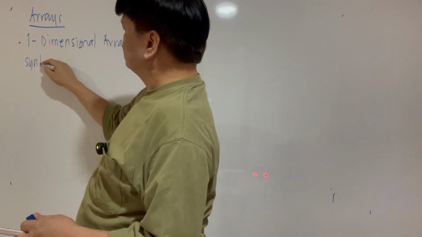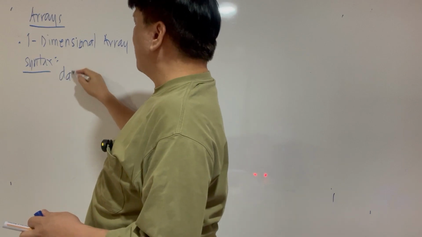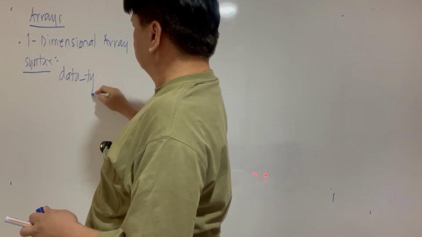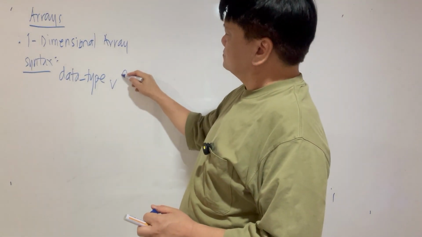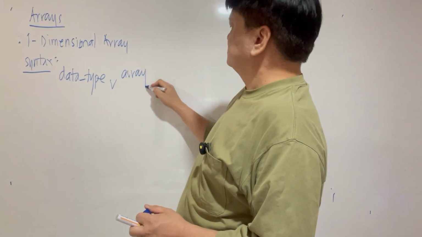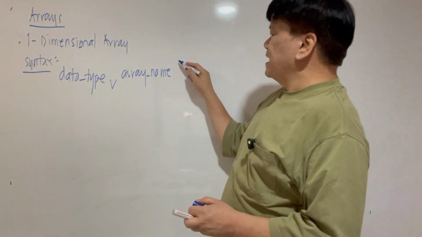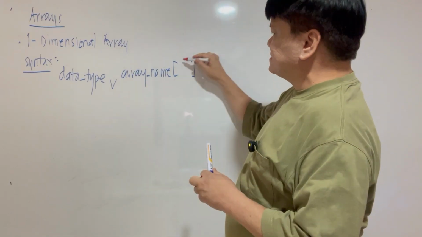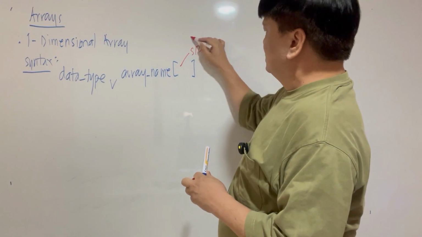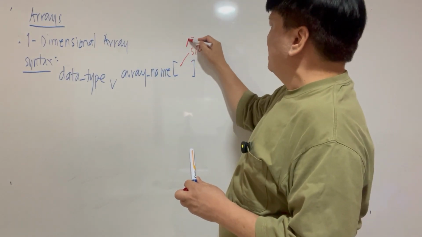Syntax. You start with a data type, space, array name, and then inside the square bracket, it's the size of the array or the array size.